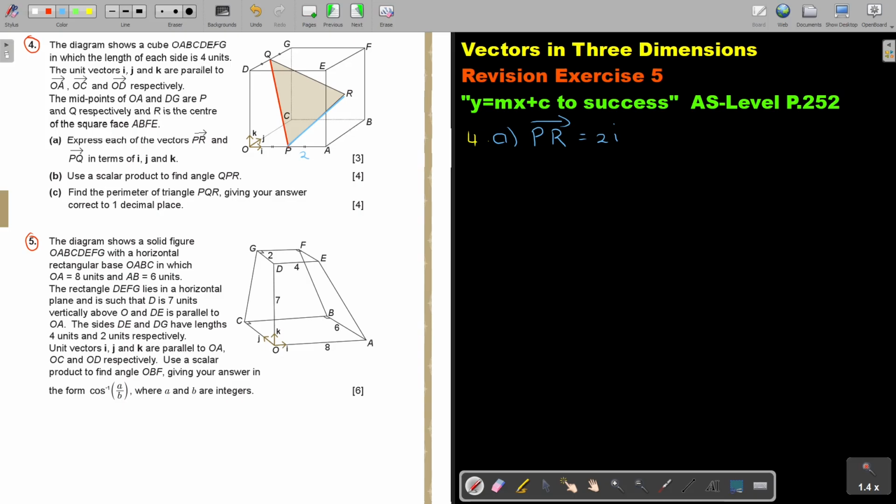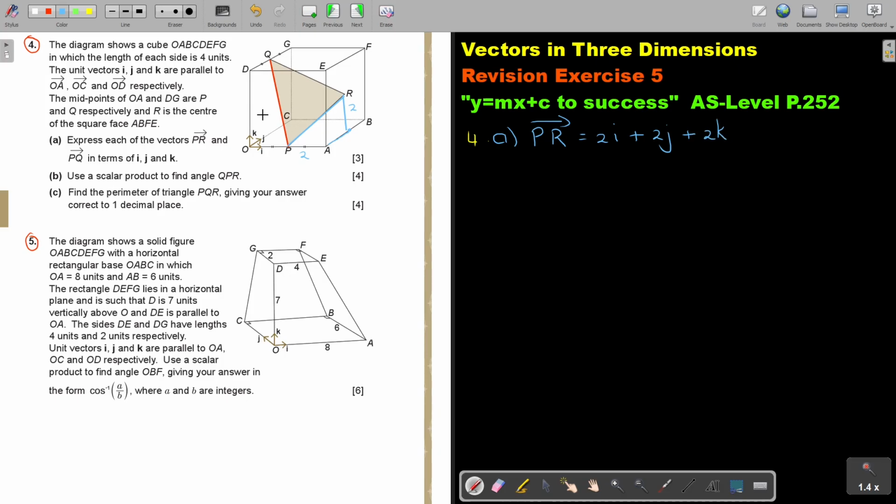Then it's going to go to the middle there, so it's again positive, so plus 2j. And then it's up again, so it's again 2 up. Then it's 2k. So that is basically on the picture.